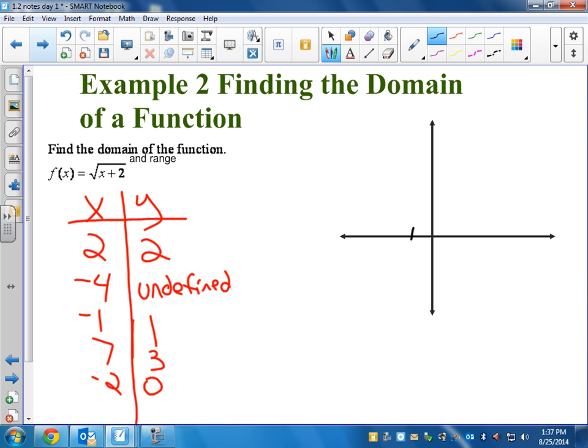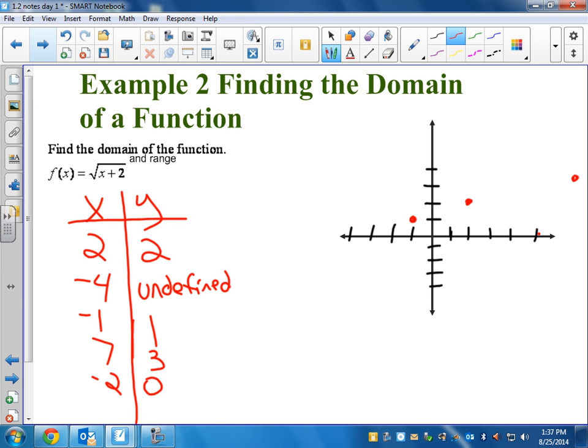Let's make a little graph here. You don't really have to graph 7, 3 if you don't want to. I like to pretend that my graph goes to 7. Anybody remember what this looks like yet? 2, 2. Negative 4 I can't graph. Negative 1, 1. 1, 2, 3, 4, 5, 6, 7 must be out here, like this.